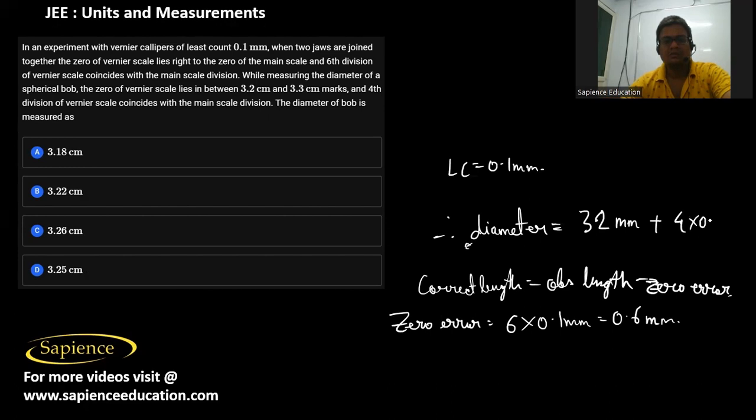So 4 into 0.1 millimeter, that is 32.4 millimeter, or I can say that will be 3.24 centimeter.